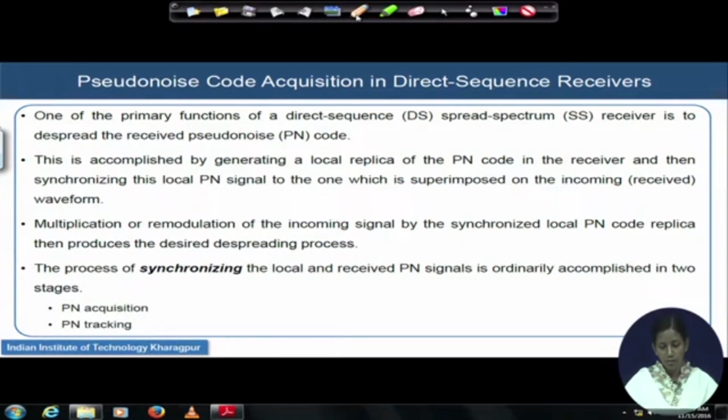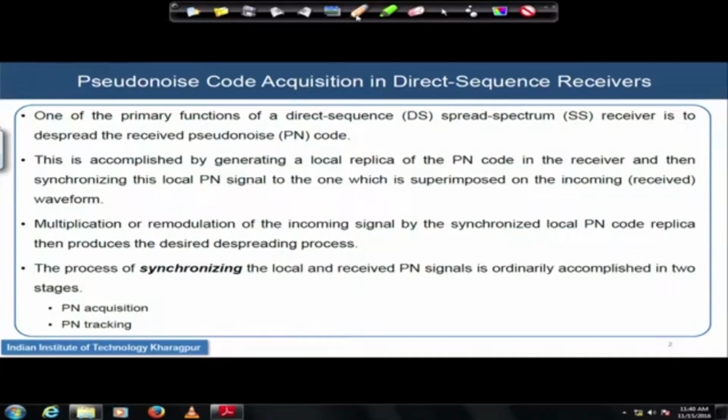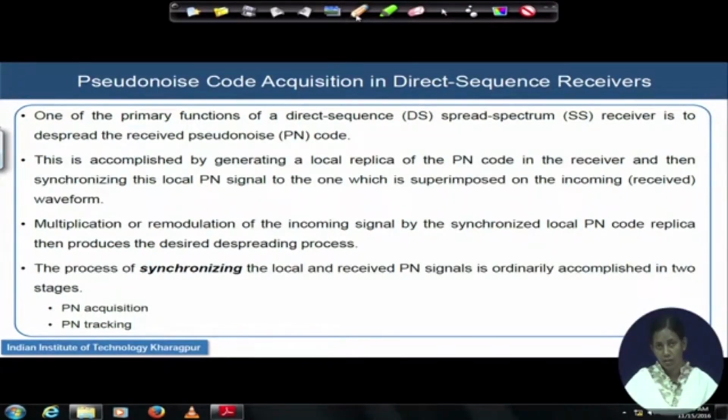When this multiplication is going on, you have to synchronize the locally generated PN code with the incoming signal code, and then the desired despreading process can take place. It is not just multiplying the incoming signal with the locally generated PN code; you have to multiply with the synchronized, locally generated PN code to make the despreading process faithful.